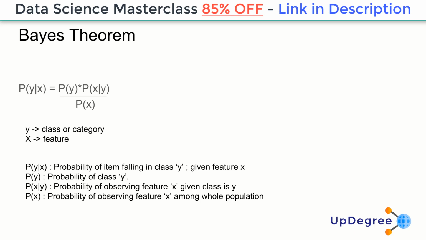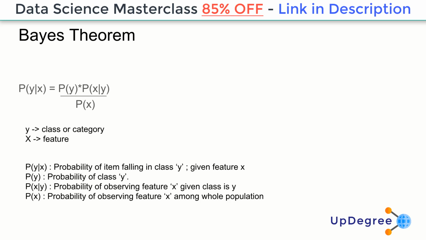What we have on our screen is, on the left side of the equation, we have P(y|x). The bar stands for given. So we want to find y, which is the class. That is, we want to find the probability that a person belongs to the class y, in our case either male or female because we have only two classes, given a certain feature x.